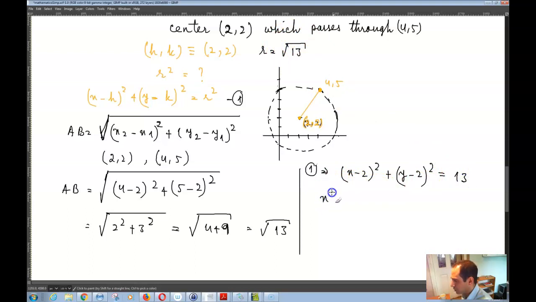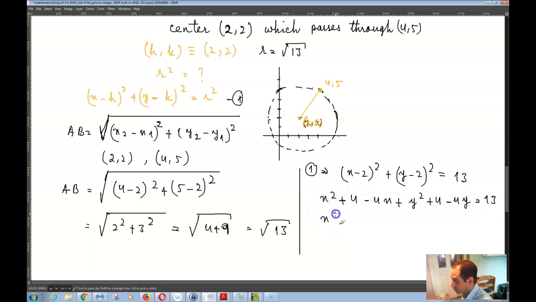So you can write this as x squared plus 4 minus 4 times x plus y squared plus 4 minus 4 times y is equal to 13.